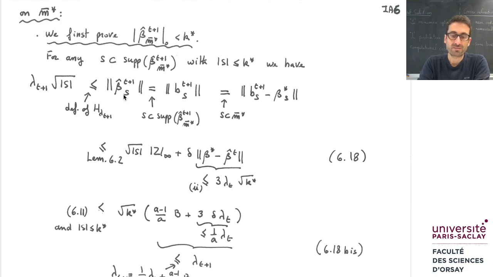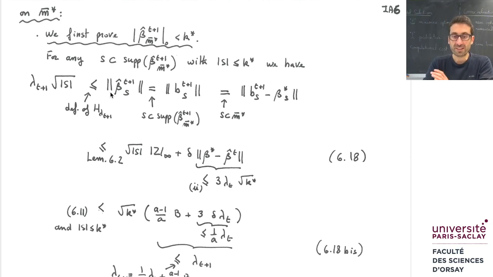So we have cardinality of S values larger than lambda t plus 1, so the norm is larger than lambda t plus 1 times the square root of the cardinality of S. So we first have this lower bound.